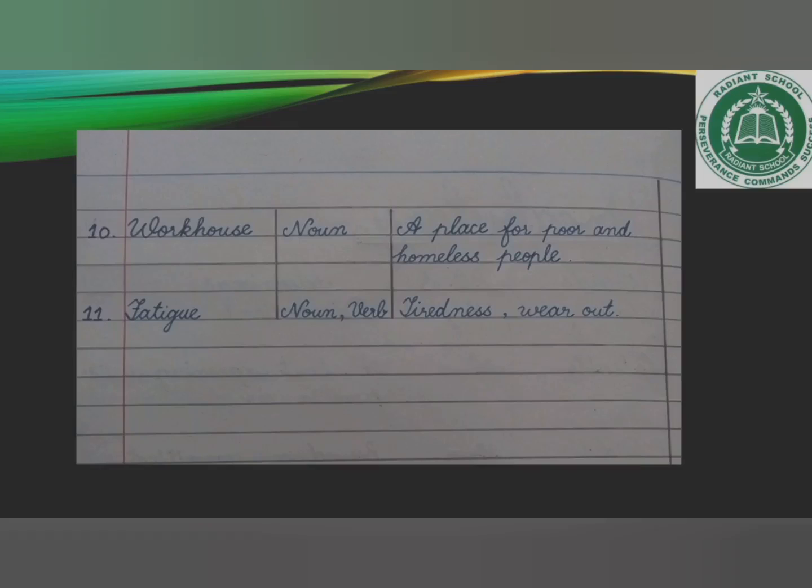Number 10 is workhouse. Workhouse, it is a noun. A place for poor and homeless people. And our last word is fatigue. Fatigue can be a noun and a verb.